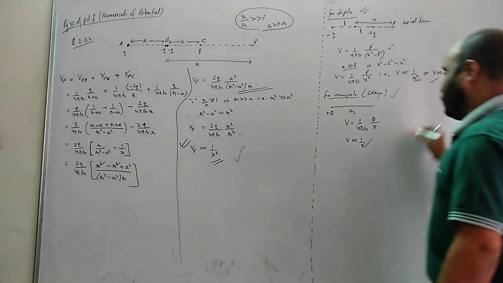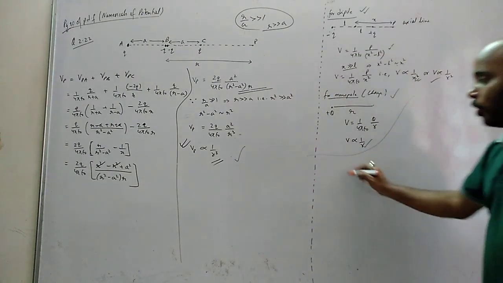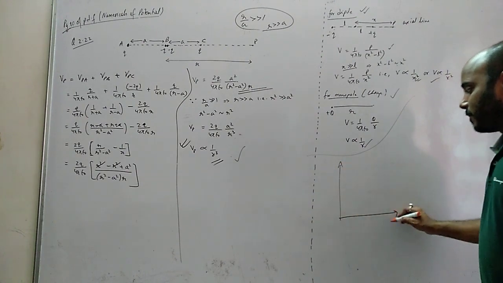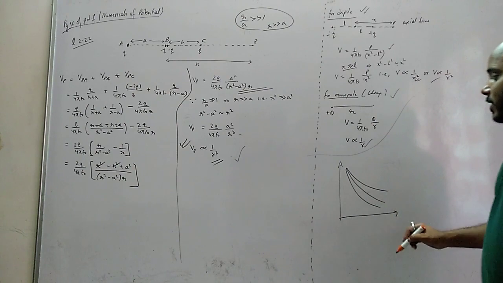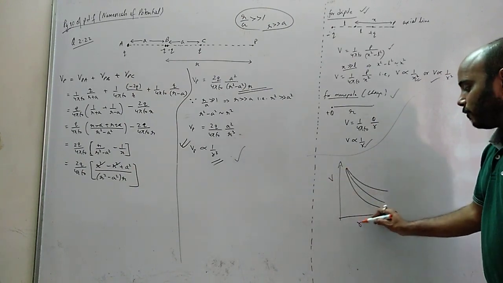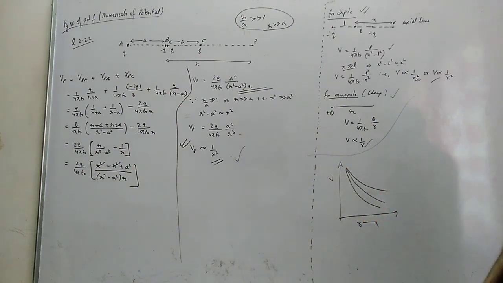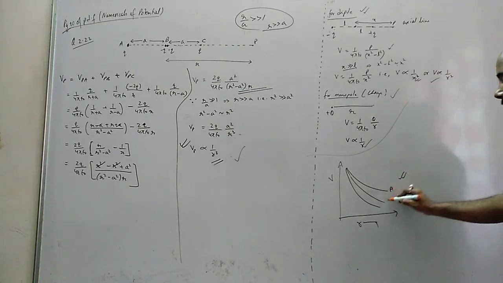So from there, we may have a question like this in the next board. Three graphs are given to you. Identify which is the graph for monopole, quadrupole and dipole. Write down this question.